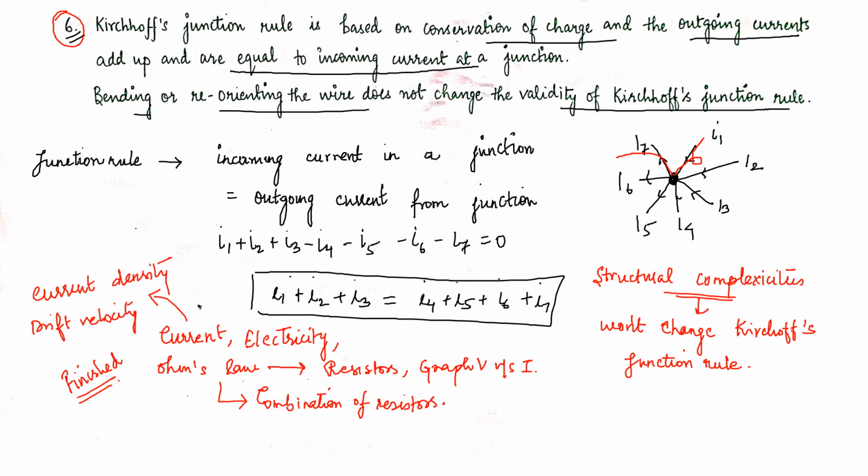Next, we moved on to a little advancement in electricity, where we read about the cell, EMF, and internal resistance. After reading these very basic terms, which are like building blocks, we built up to principles like Kirchhoff's rules, where we read the two rules. One was the junction rule, as we have seen, and the other was the loop rule.